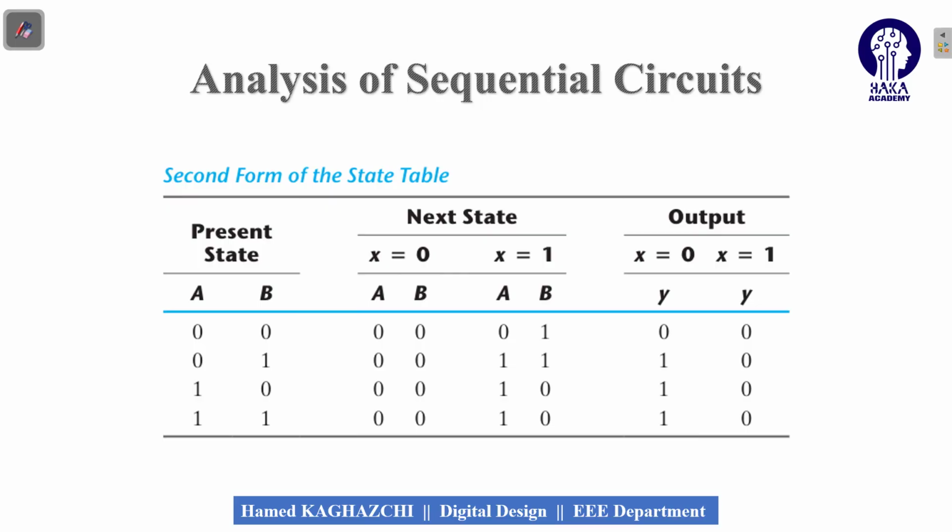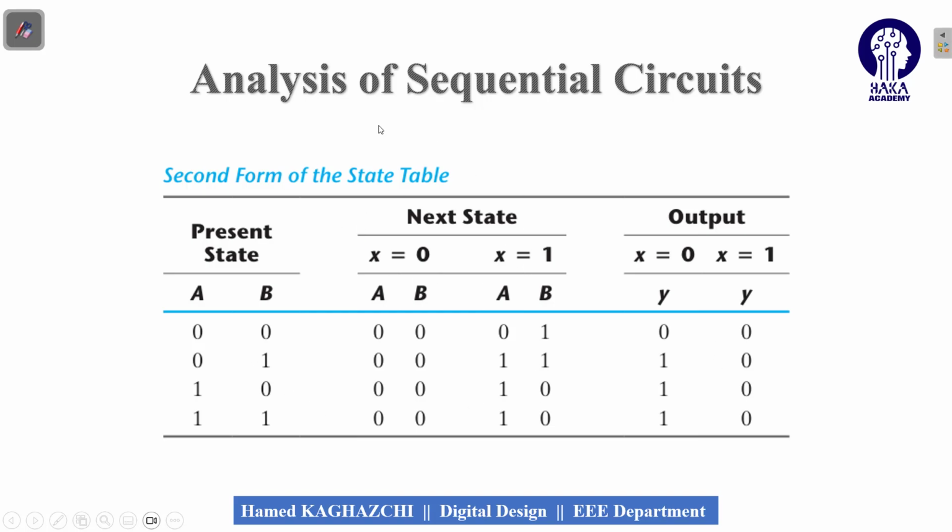Same as the previous one, for the output you can say: when x is equal to 0 as input, what will be the output? When x is equal to 1, what will be the output?